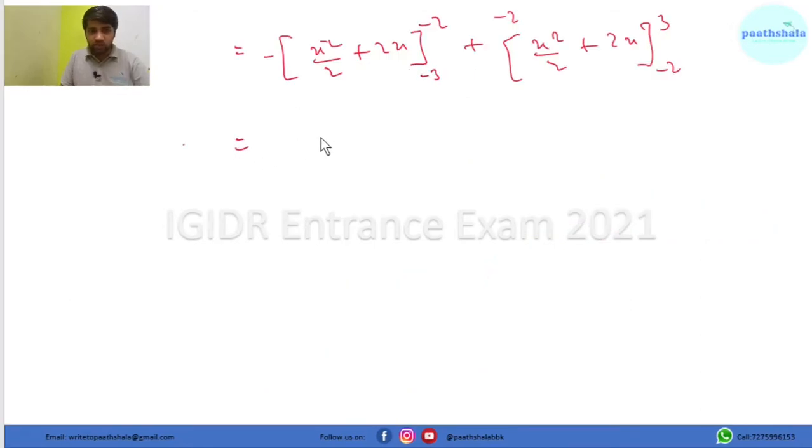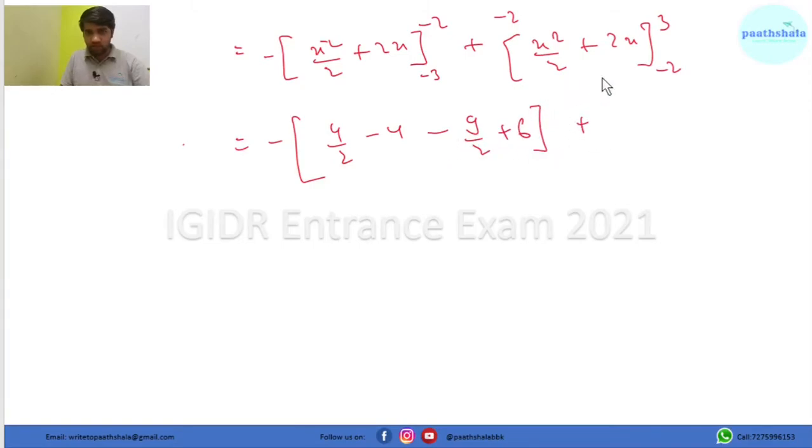Putting the limits, this will be minus 2 square, that is 4 by 2, and here it is minus 4, and you put minus 3, so it will be minus 9 by 2. When you put minus 3, this will become minus 6, but here it is minus, so this will be plus 6.